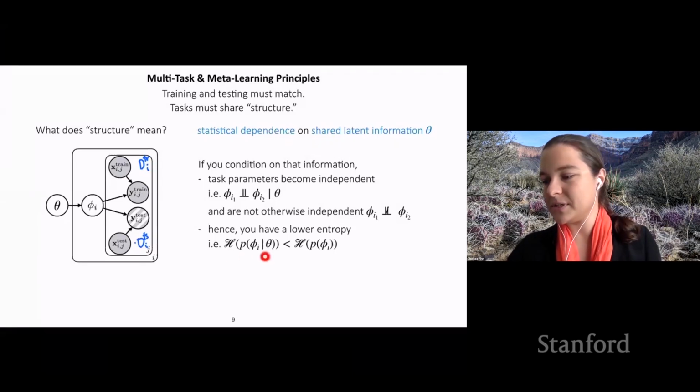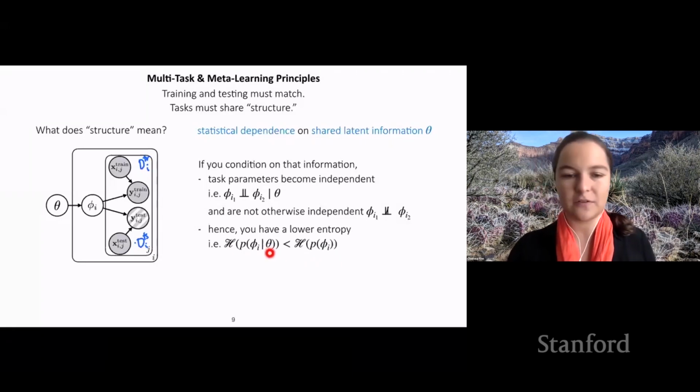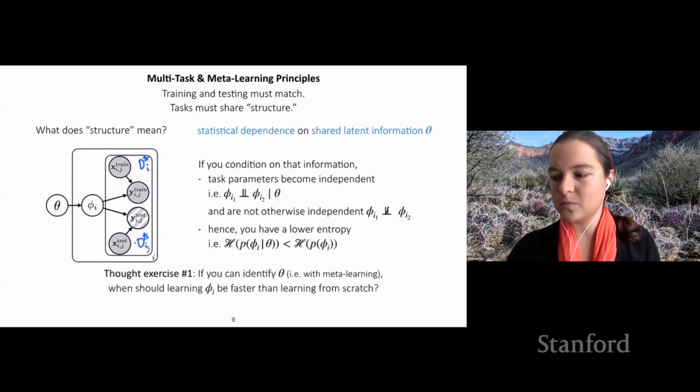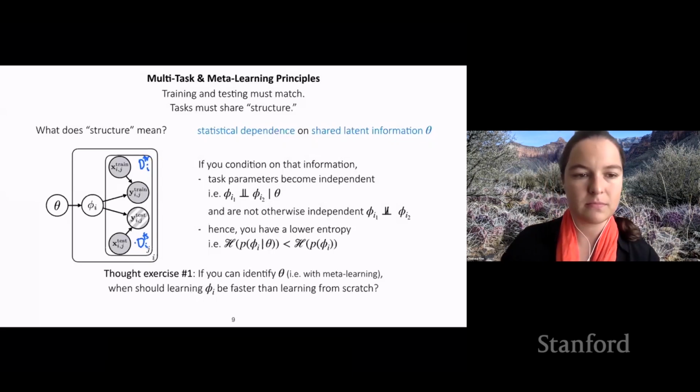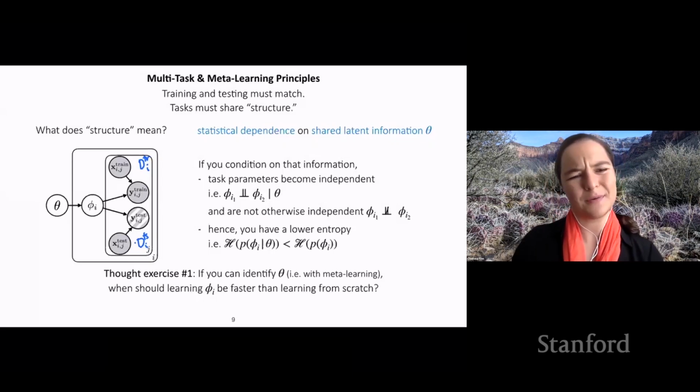So basically, this equation is telling you that as you condition on this shared information, you now have a better idea of what the task-specific parameters might be. They're telling you information about these task-specific parameters. Okay, so this is one of the things that this graphical model can help us think about in this meta-learning or multitask learning setting.